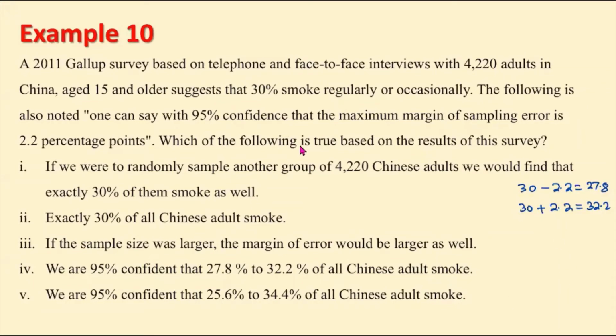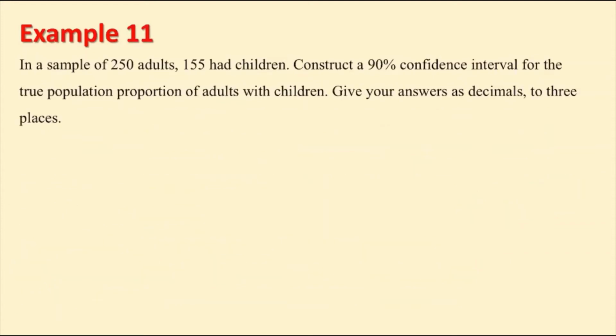Which of the following is true based on the result of this survey? You can clearly see the two key numbers, 27.8 and 32.2, in the fourth option: we are 95% confident that 27.8% to 32.2% of all Chinese adults smoke. So the correct option is the fourth one. That is example 10, which was quite easy. We just have to look for the range and we can easily figure out the correct option. Now example 11.